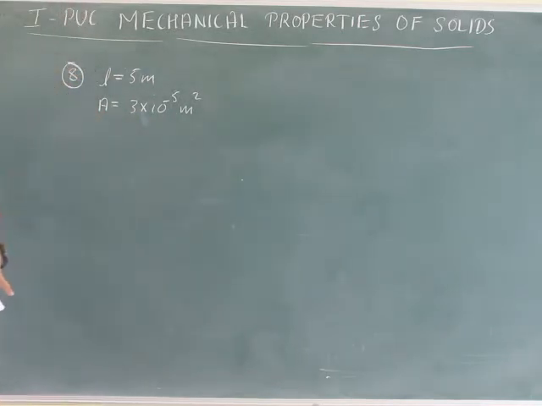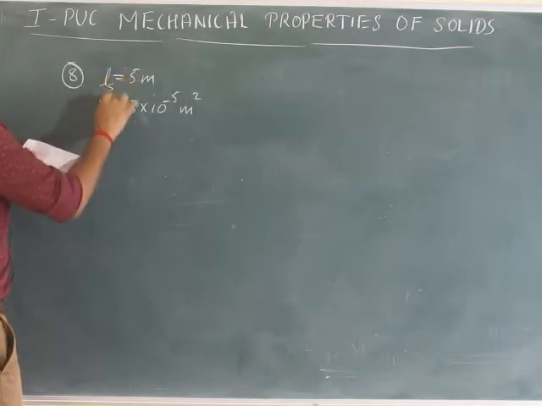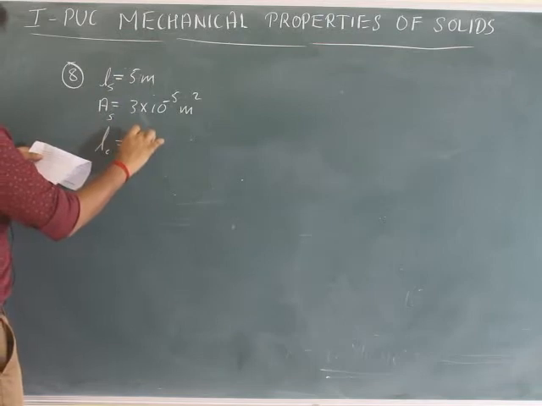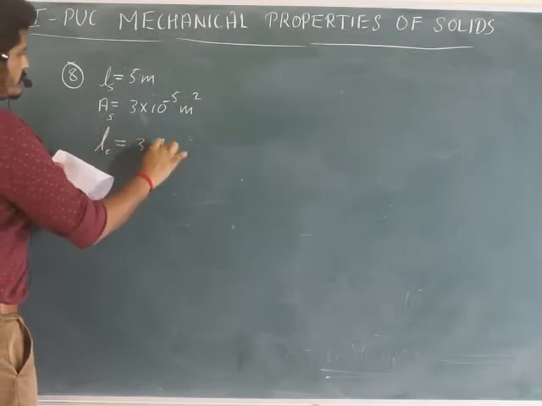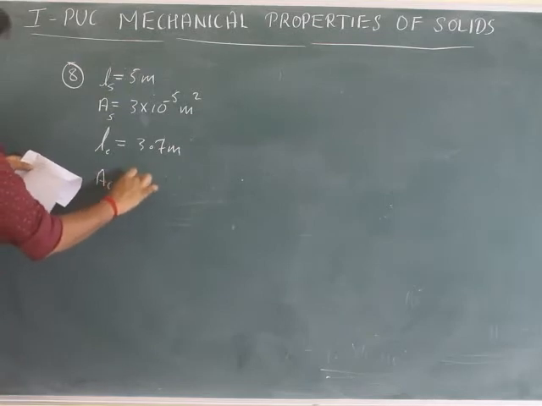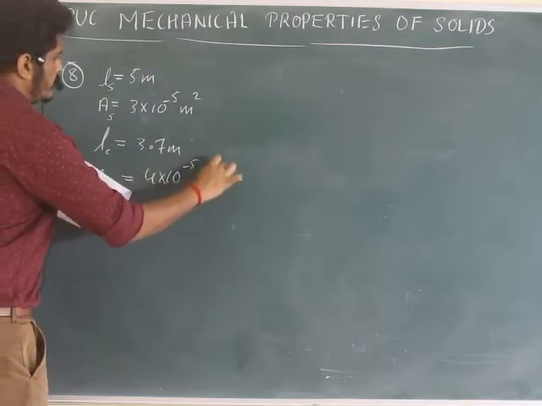A copper wire. I will take this as steel. Length of copper wire is LC, how much is that? 3.7 meter. And area of cross section of copper wire is equal to 4 into 10 power minus 5 meter square.